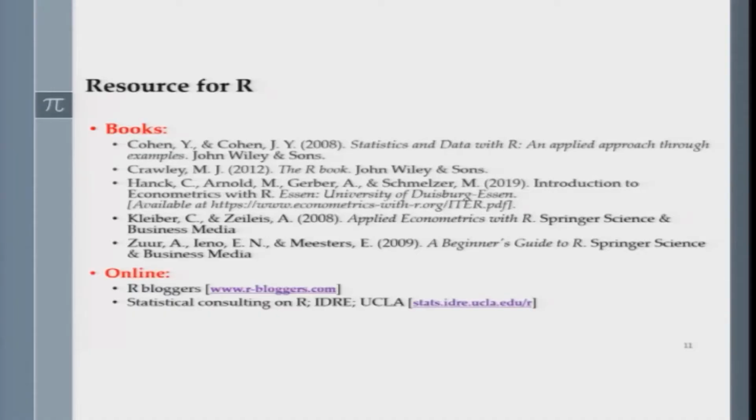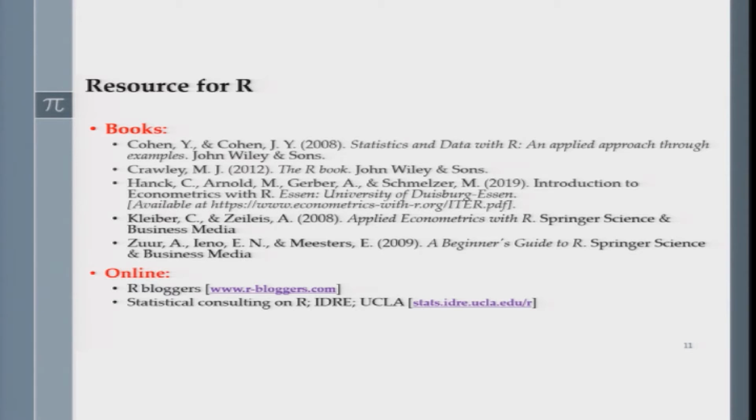So, you may get a copy of this, and then this will be of great help if you just open this book in front of you, and then practice R. So, here I show 5 books which I find very useful if you want to learn R from a book written for students.